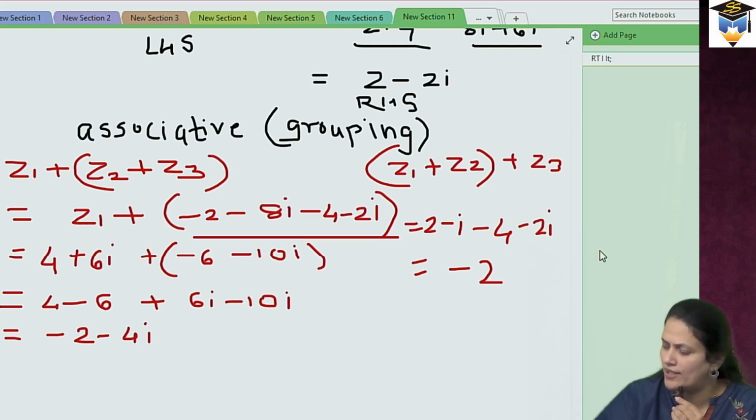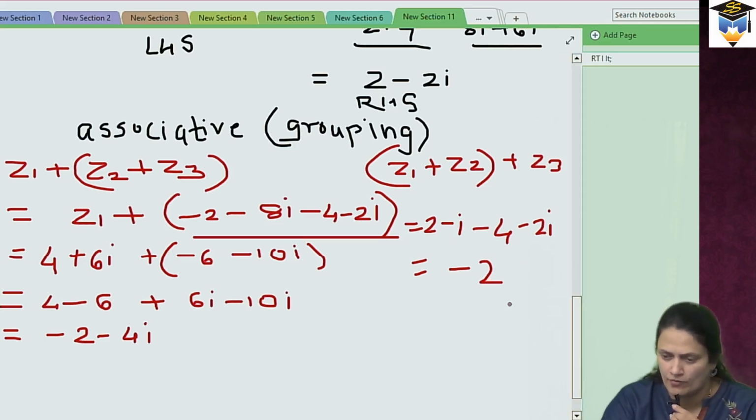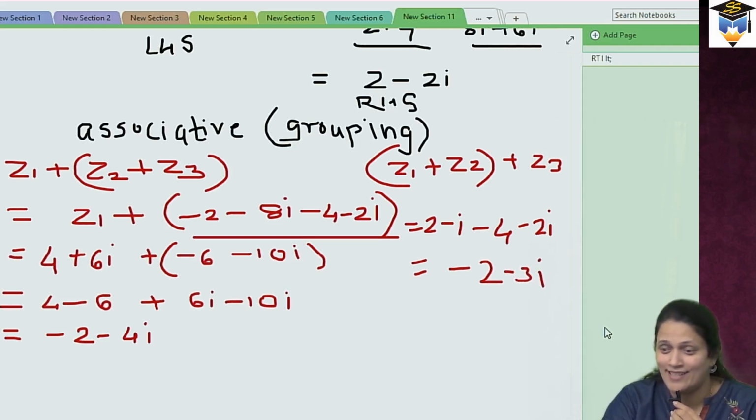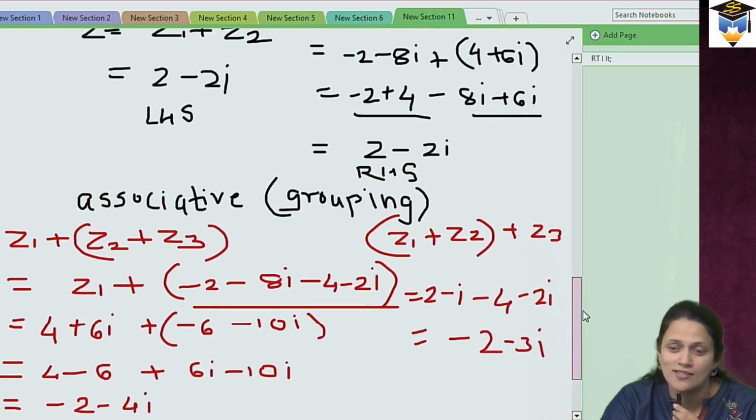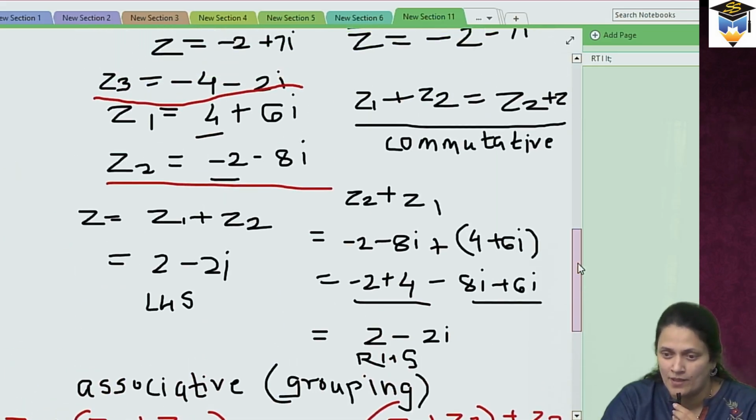And this has to be equal actually. Answer is minus 3i. LHS is not coming equal to RHS. Why? Minus 4 minus 2i. This is 2 minus 2i. So 2 minus 2i and minus 4.